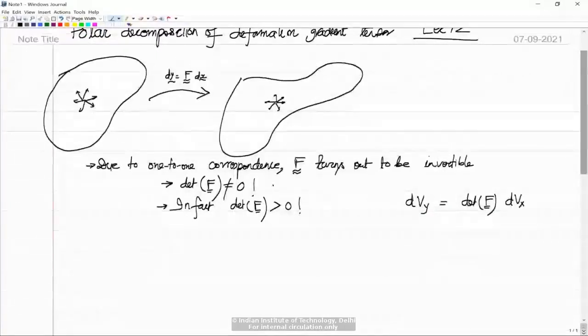But this gives you a very nice decomposition of the deformation gradient, and that is on the basis of what is called polar decomposition.